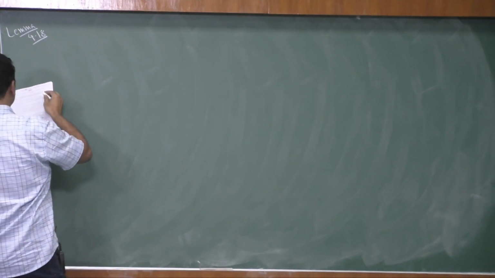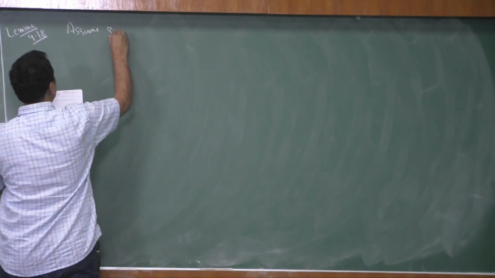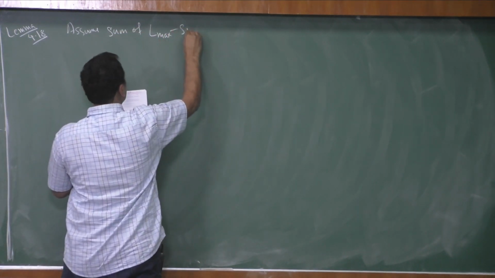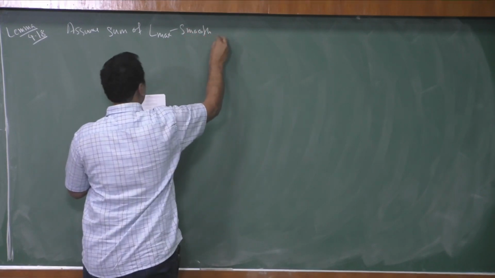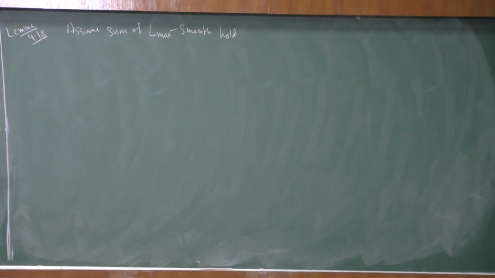So let us assume sum of L max smooth. Okay, so we have this setup. The proof that we did before may not have assumed this.